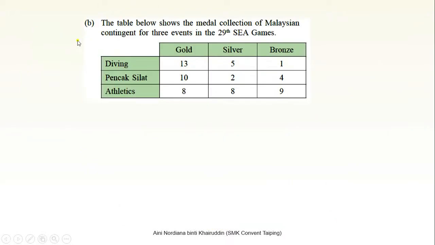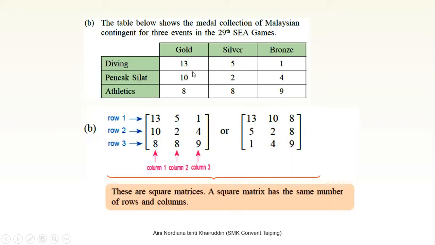Okay, example B. The table below shows the medal collection of the Malaysian contingent for 3 events in the 29th SEA Games. So this is the table. These are square matrices. A square matrix has the same number of rows and columns.